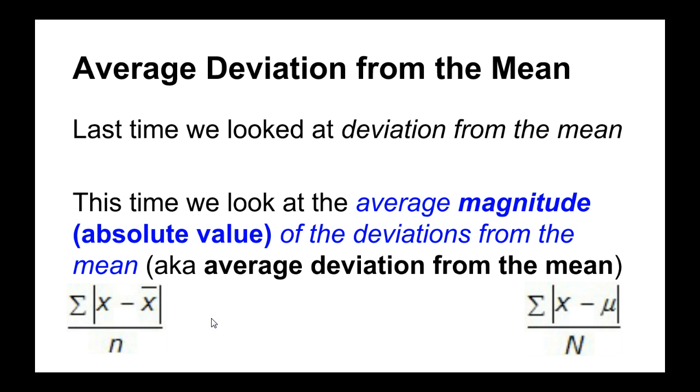At the bottom of the screen, you'll notice the sum of x minus x bar, and you're taking the absolute value of that difference and dividing it by the total number of objects in the sample. On the right hand side, we're looking at the population, where we're taking the sum of x minus the population mean, taking the absolute value of that difference and dividing it by the total number of samples in the population.